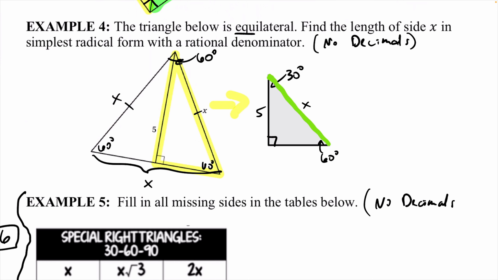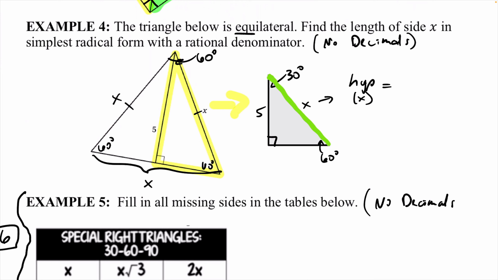Okay. So the hypotenuse is x. So I'm going to go to my front page. Which do I know? Is 5 the long leg or the short leg? The short leg is here because this is the 30, and then the 60 is here, so it's actually the long leg. So 5 is the long leg.